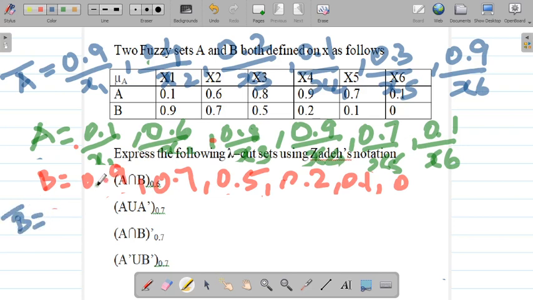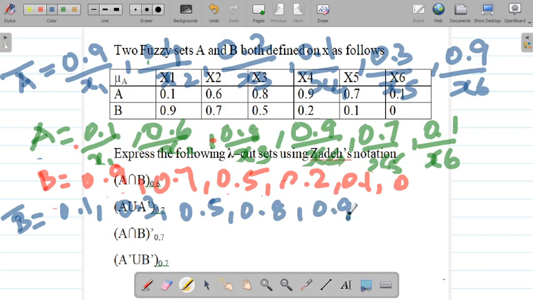So B bar is equal to 1 minus 0.9, 0.1; then 1 minus 0.7, 0.3; next 1 minus 0.5, 0.5; 1 minus 0.2, 0.8; 1 minus 0.1, 0.9; 1 minus 0, 1. So it is the value for B bar.